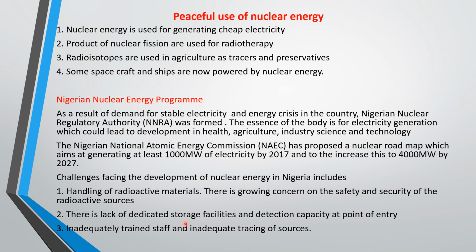Also, there's a lack of dedicated storage facilities and detection capacity at points of entry. We don't have all this. So these are some of the problems affecting the development of nuclear programs in Nigeria. Another one is inadequately trained staff and inadequate tracing of sources. So these three are some of the major problems that have affected the development of nuclear energy in Nigeria.